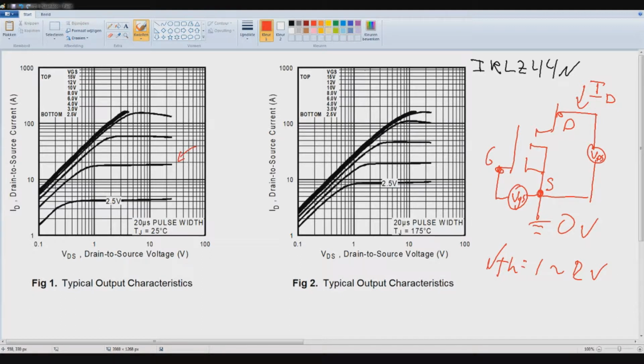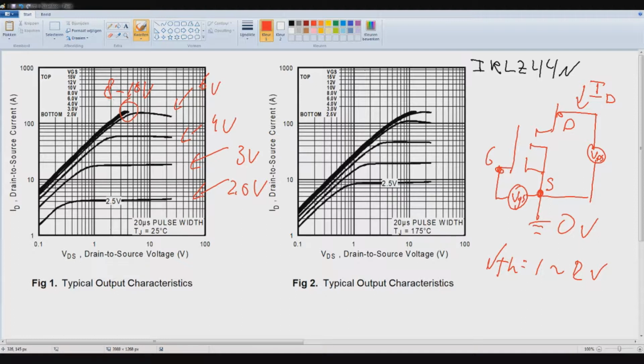This is, for example, 3 volts, and this is 4 volts, and this is then 6 volts. Then comes 8 volts, and this whole section of lines is 8 to 15 volts.